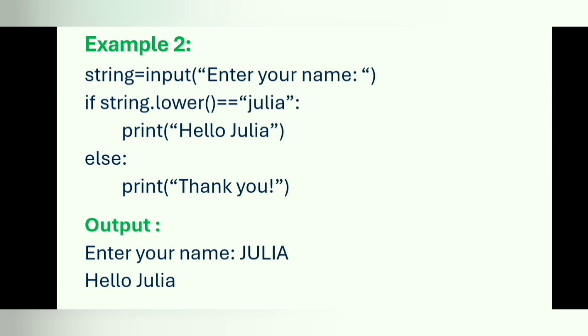When you run this program, the input function prompts the user to enter the name, and entering the name Julia in any format, such as uppercase or lowercase letters, will still keep the output "hello Julia", because before comparison the string is converted to lowercase.